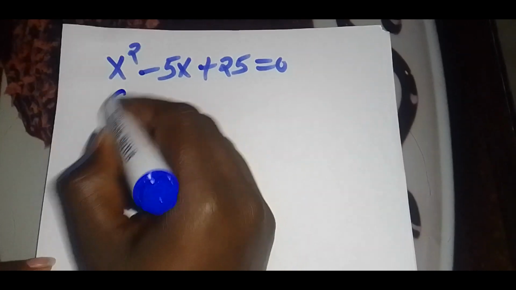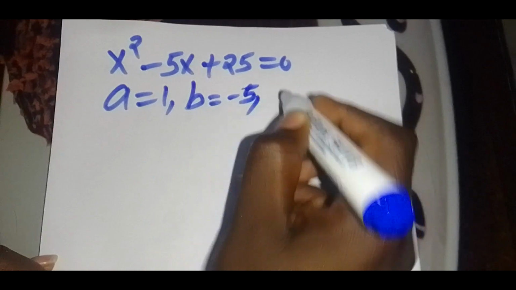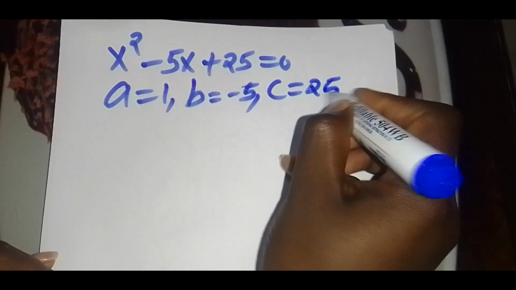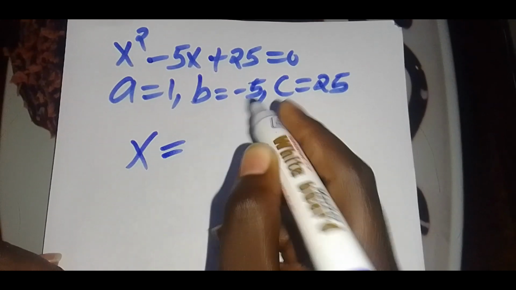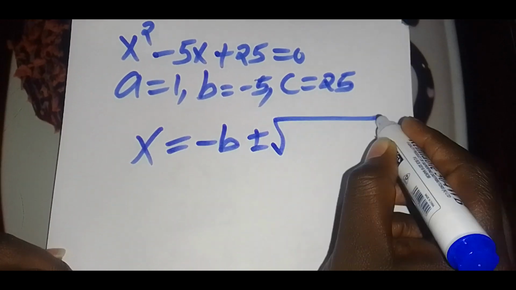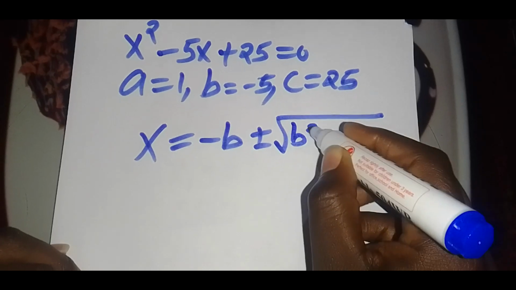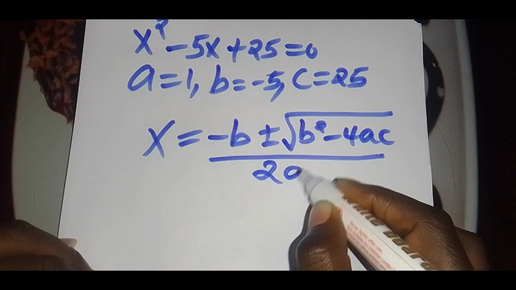Quadratic equation with a equal to 1, b equal to negative 5, c equal to 25. We apply the quadratic formula: x equals negative b plus or minus the square root of b squared minus 4ac, divided by 2a.